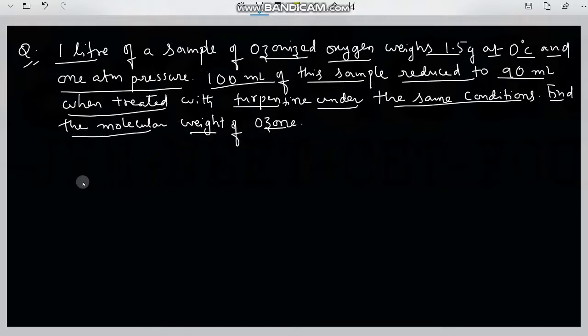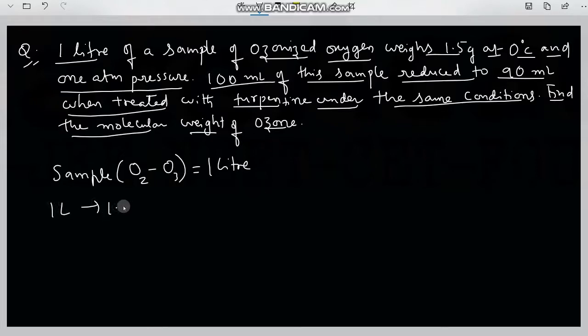So they have given one sample. What is that sample? That sample is called ozonized oxygen, so it contains ozone and oxygen. This sample is 1 liter, and the mass of 1 liter of the sample is given as 1.5 grams.